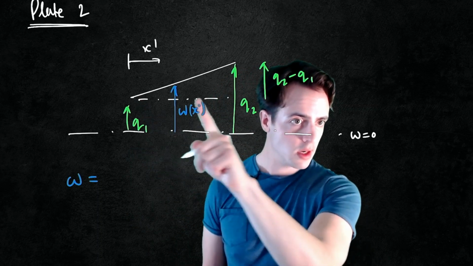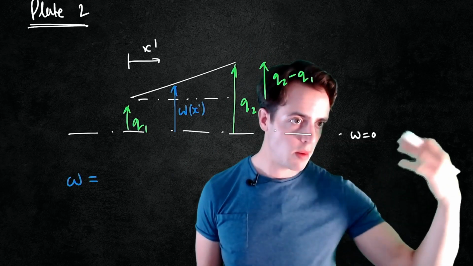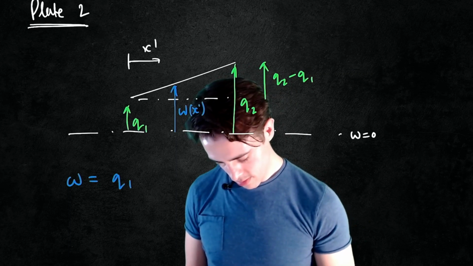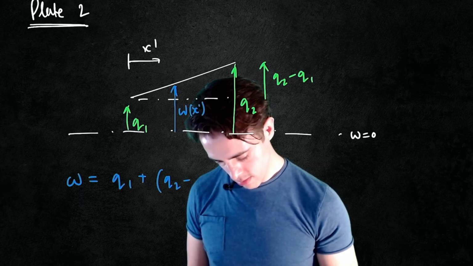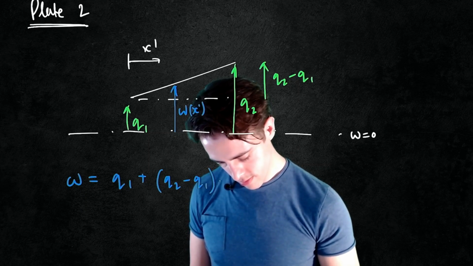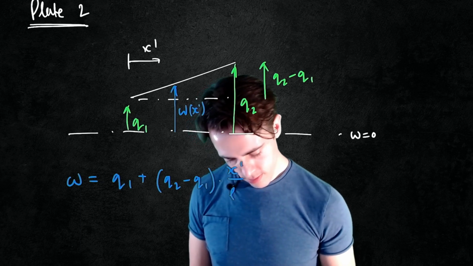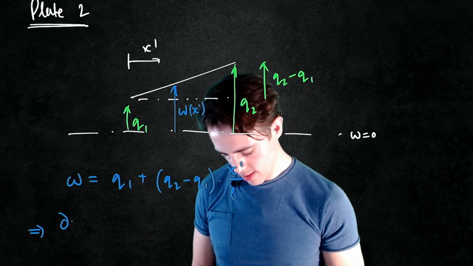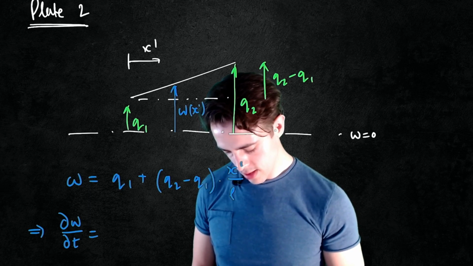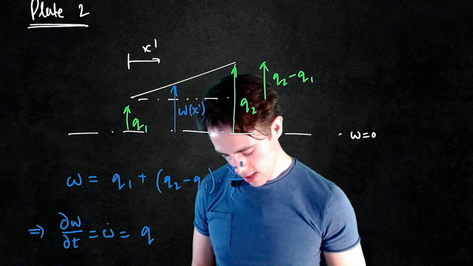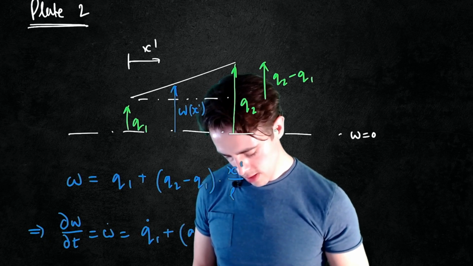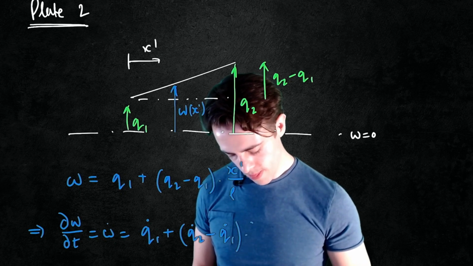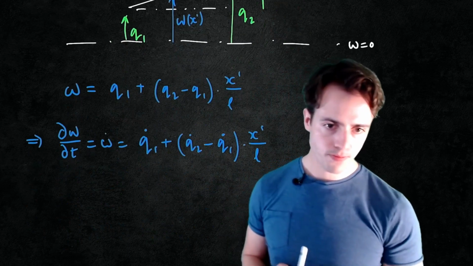It's going to start out at Q1, and then it's going to be equal to this distance multiplied by x prime on L, using similar logic as we did before, because again this whole width here is just equal to L. And then the first time derivative of this, dW on dt, or W dot, is going to be Q1 dot plus (Q2 dot minus Q1 dot) multiplied by x prime on L.